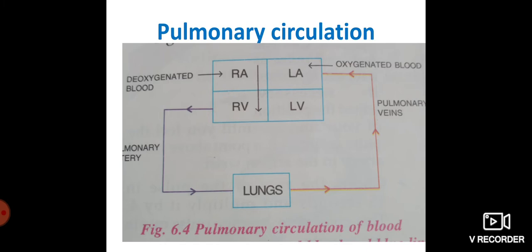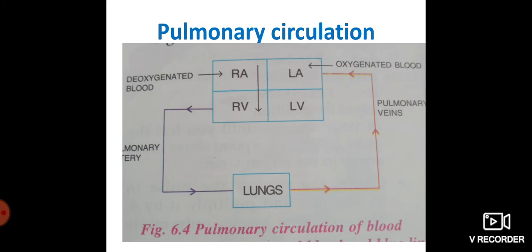In pulmonary circulation, blood flows from the right side of the heart to the lungs. We have studied that the right side of the heart contains deoxygenated blood and the left side of the heart contains oxygenated blood, isn't it?